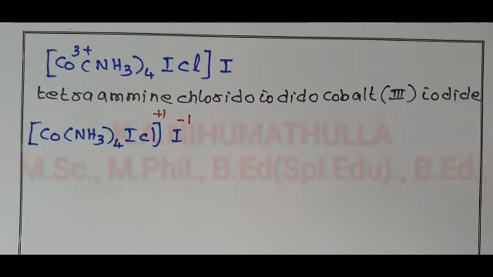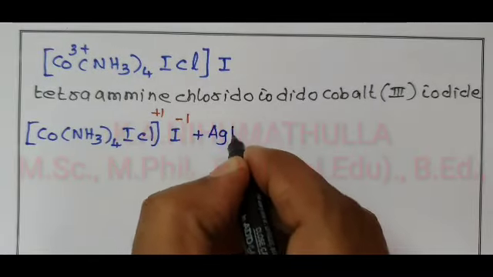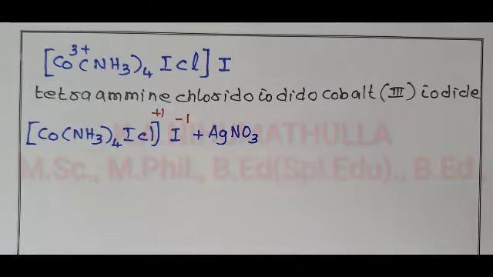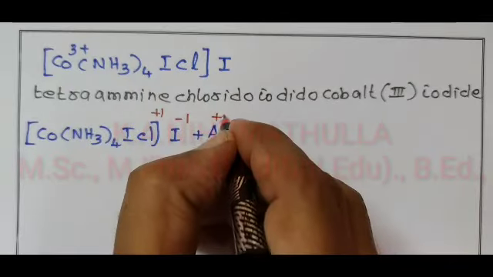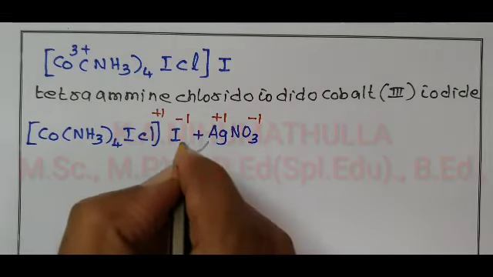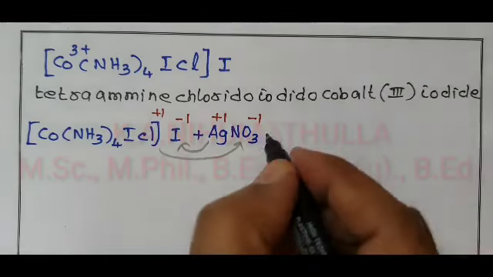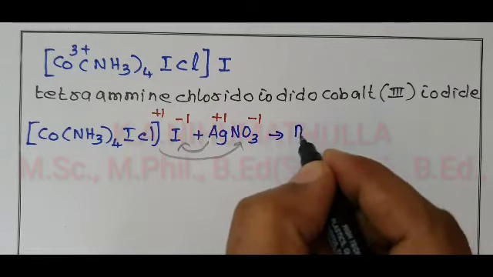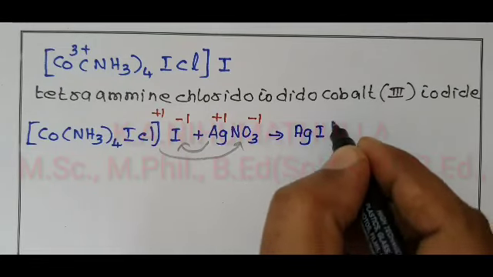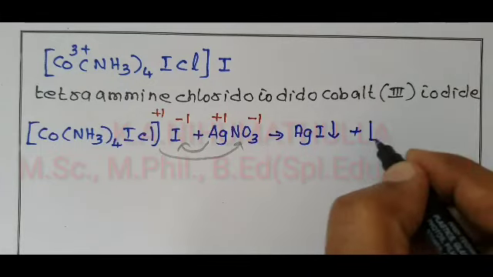When this compound is treated with silver nitrate, AgNO3, the charge on Ag+ is monopositive and the charge on NO3− is minus 1. Now as usual we know plus combines with the minus. What are our products formed? It gives a yellow precipitate of AgI, precipitate, downward arrow mark, and NO3− is added to the complex [Co(NH3)4ICl].